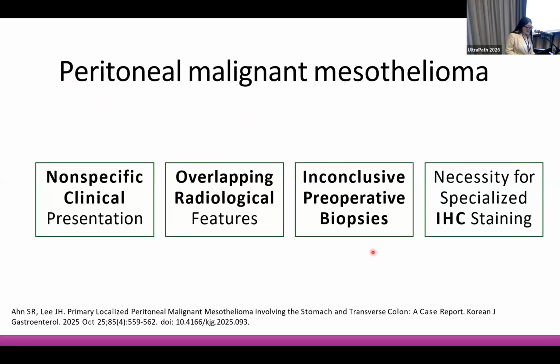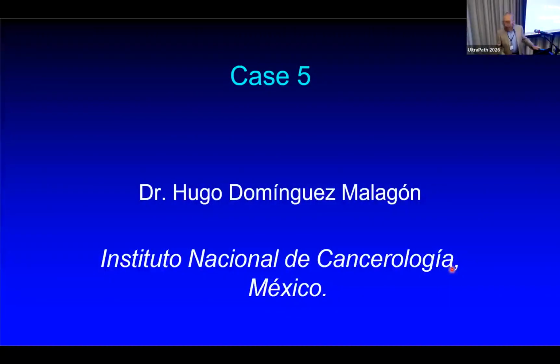In most of the cases, the preoperative biopsies were non-specific or inconclusive. That's why they recommend to correlate with the imaging study and with immunohistochemical markers. Thank you very much, Dr.